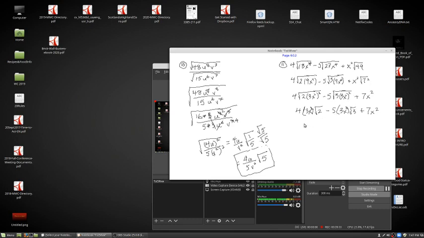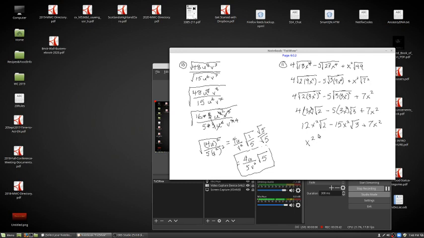All right then, so we end up with 12x squared times the square root of 2 minus 15x squared times the square root of 3 plus 7x squared. Well, we can factor an x squared out.